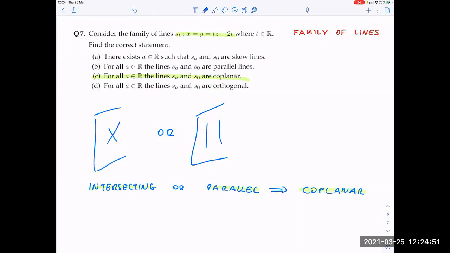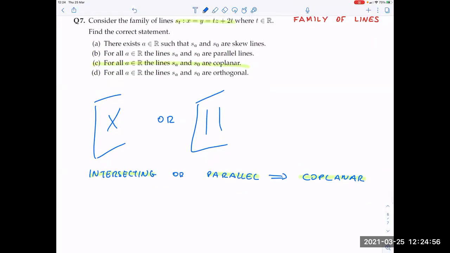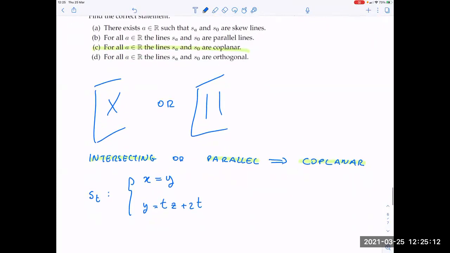So let's write down our lines. So line ST as a system is given by something like x equal y and y equal t z plus 2t. Okay, now let's think for a second. You see, this is a plane not depending on t.